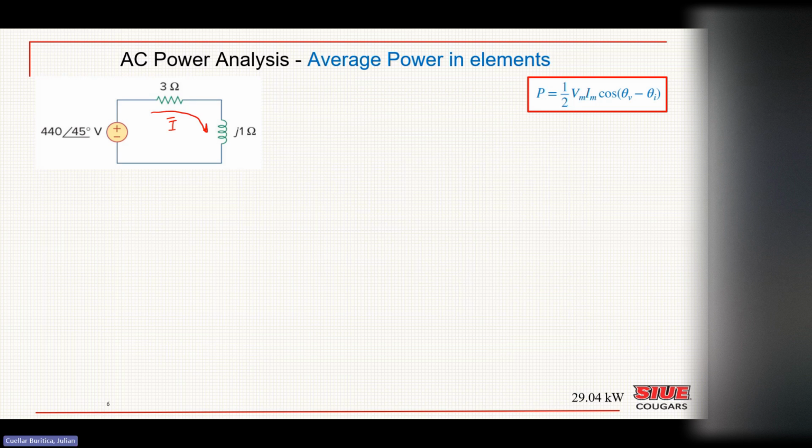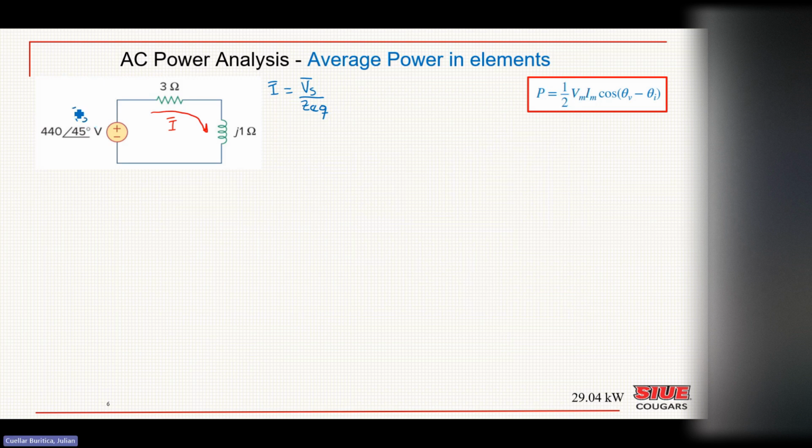What's going to be that value? We will use Ohm's law. Current is going to be equal to the voltage of our power source over the equivalent impedance. We have used two components here.